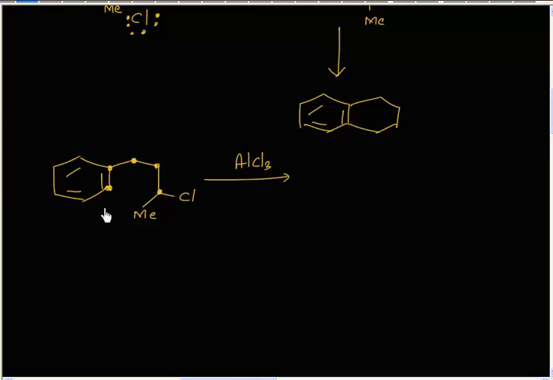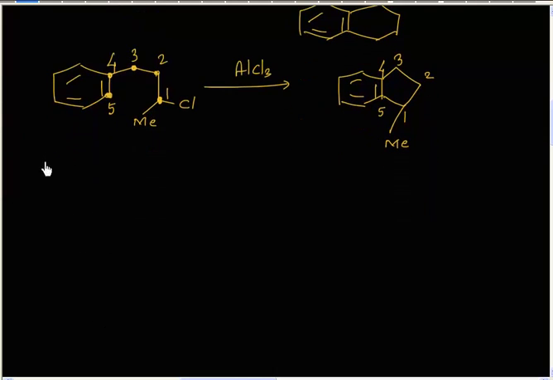So we have to have a 5 membered ring. This side we have benzene and this side we will have a 5 membered ring. So this is 1, 2, 3, 4, 5. Carbon number 1 will also have a methyl group. So we will have this product.